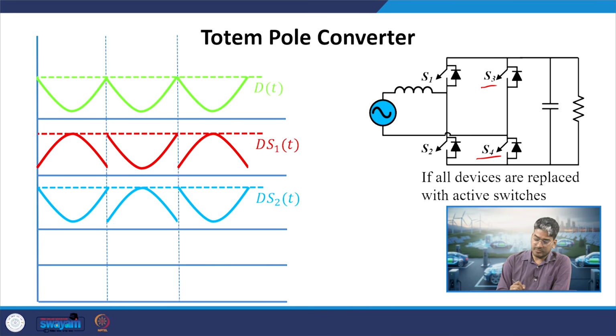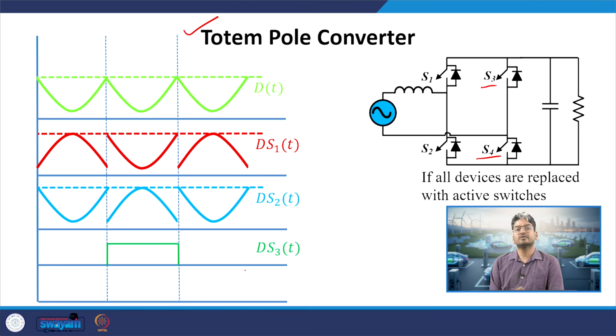To increase the efficiency of this circuit, this solution has been proposed where we have replaced the diodes D1 and D2 by 2 switching devices, that is S3 and S4. If I want to operate that in the totem pole mode, then I have to generate 2 more pulses because we have 2 more switches over here, but we have already discussed that in totem pole operation the switches connected in this leg will be operated at line frequency.